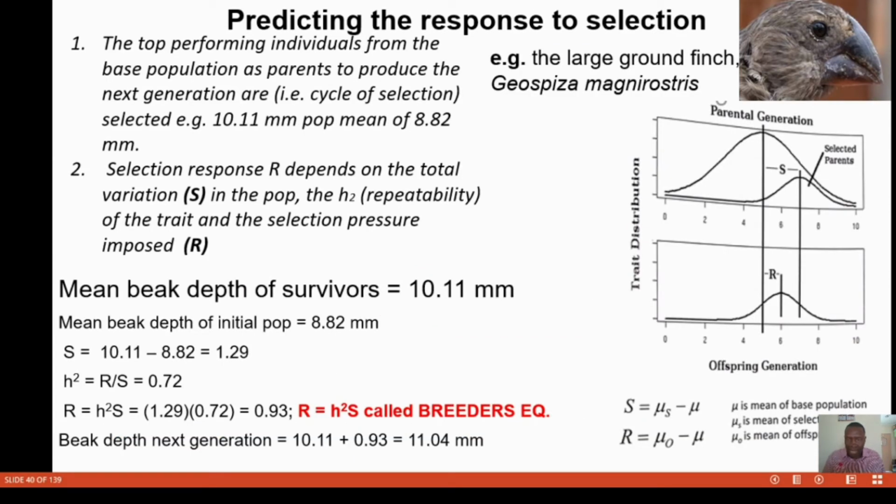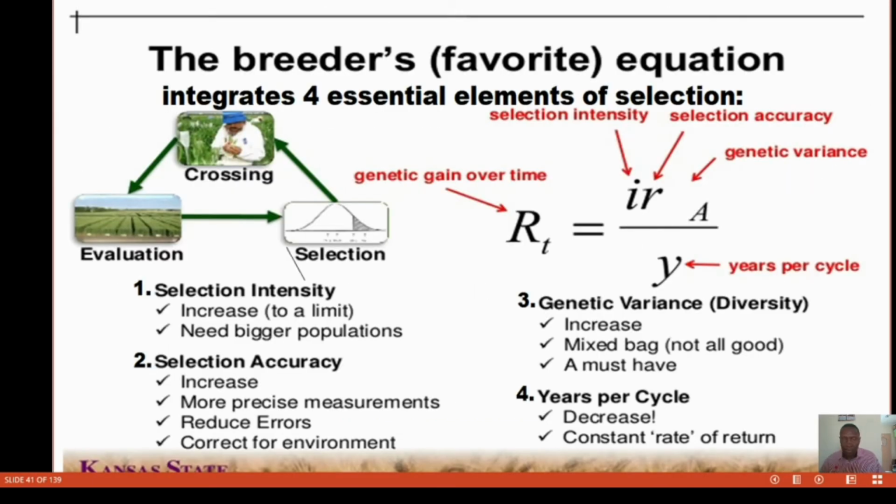And then we have the calculation of the response to selection, the R. That R is what is called the breeder's equation. And to qualify it further, it is what is called the breeder's favorite equation.